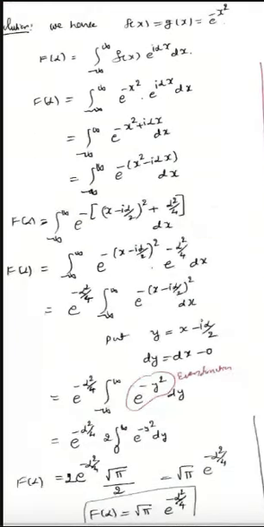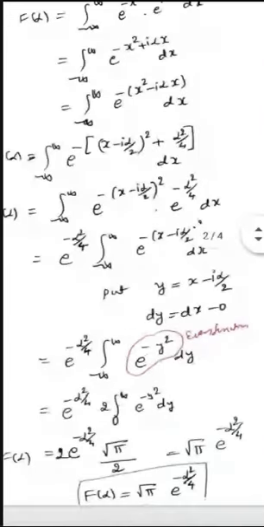Now, of course, you know that e^(-y^2) is an even function. I already explained this: if you have minus a to plus a, you can write 2 times 0 to a whenever the inside function is even. Otherwise, if the inside function is odd, it is 0. Since it is even, I can write 2 times the integration from 0 to infinity of e^(-y^2) dy.